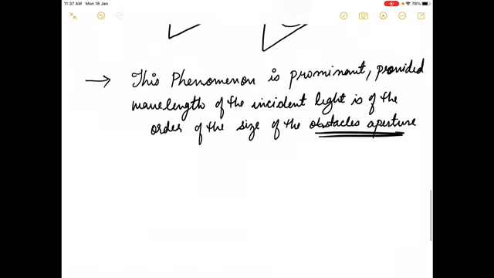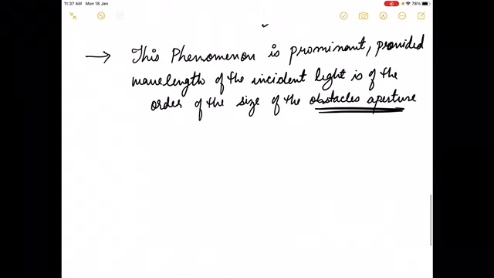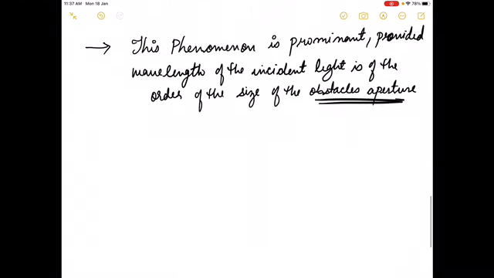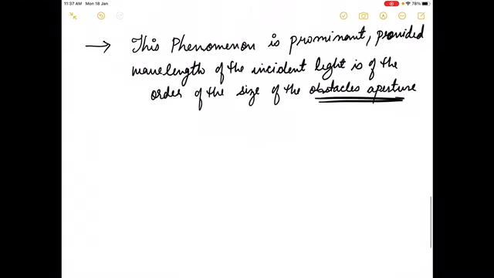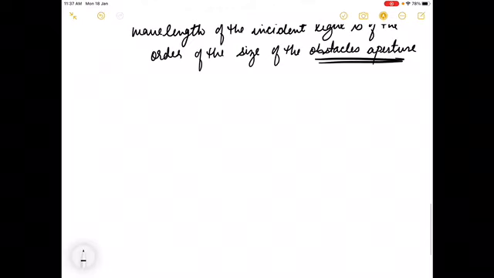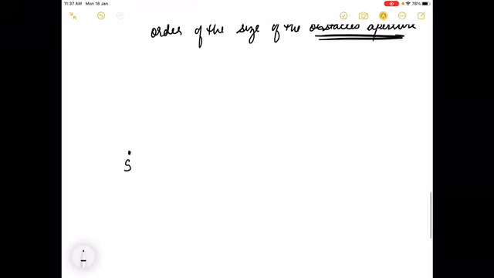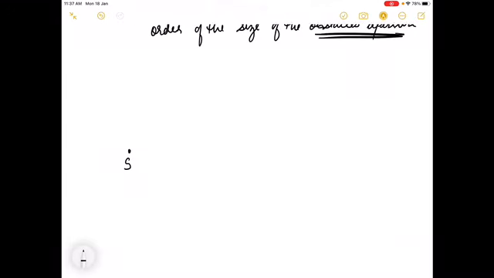So let me just draw it, and let me try to make you guys understand what actually we are talking about here, right? Okay, so let's say I have a source here. Let's say I have source S here, right? This source is a monochromatic source of light, right?